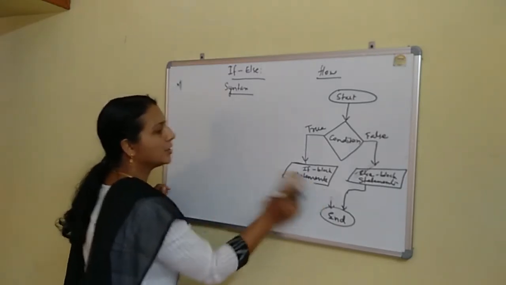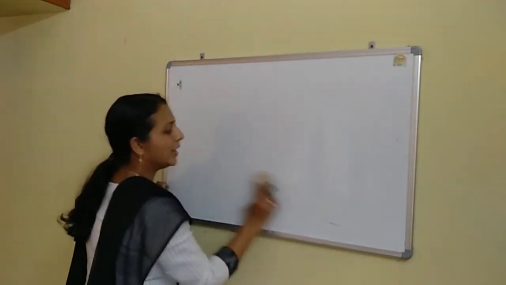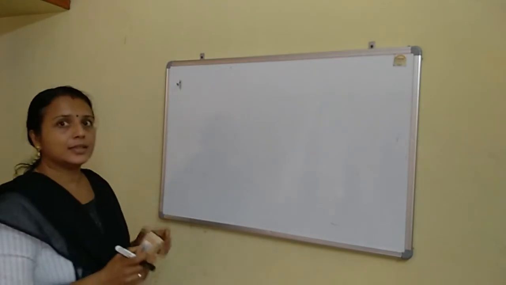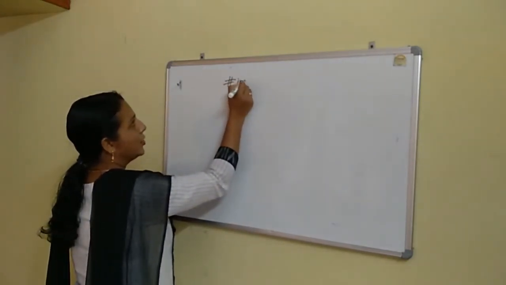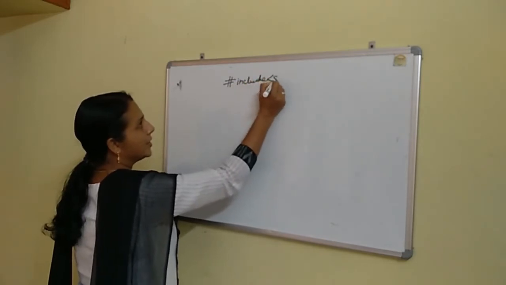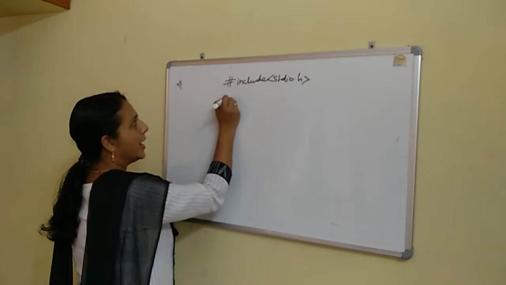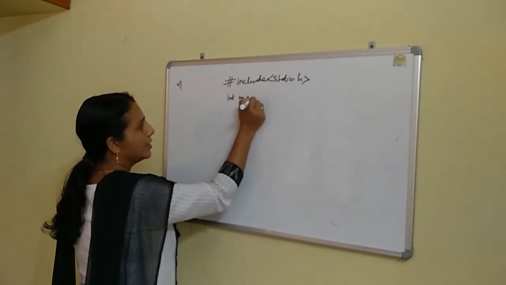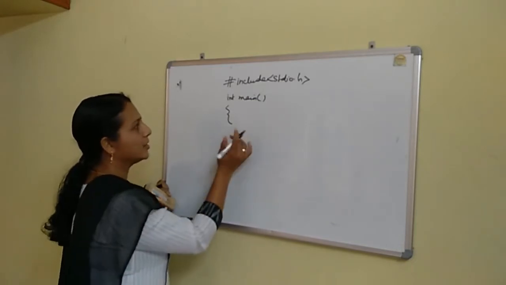Suppose I am going to write a C code using an if else statement. We have #include for our standard library functions, and we have the main function. You know the basic syntax of that.